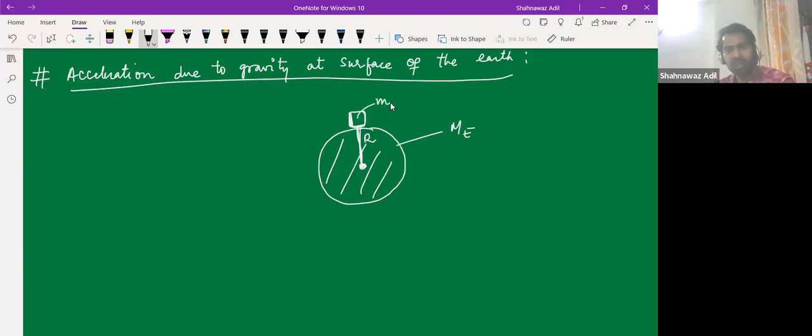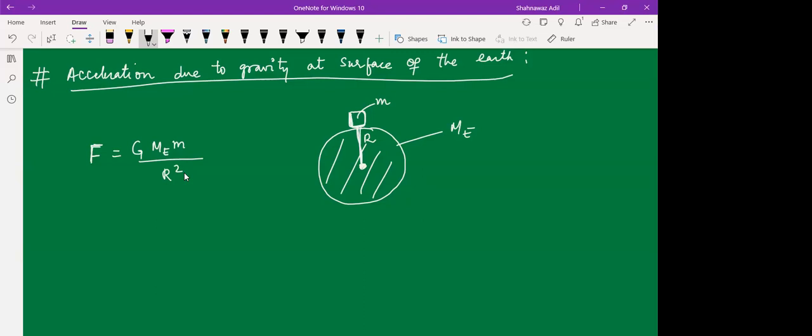So we know Newton's law of gravitation. From it, this whole mass will contribute, and it will be situated at the center. So this would be G M_E m divided by R square. This would be the gravitational force.